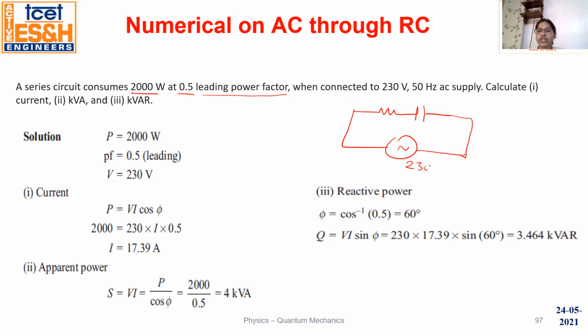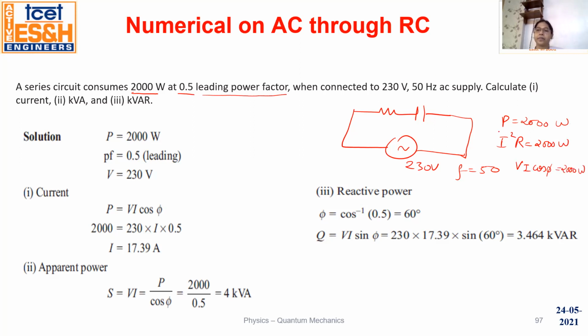The supply voltage is 230 volt, 50 hertz is the frequency, and the power consumed is given as 2000 watt. It means I square R is 2000 watt, or in other words, VI cos phi is equal to 2000 watt.